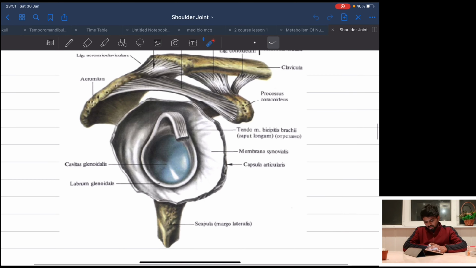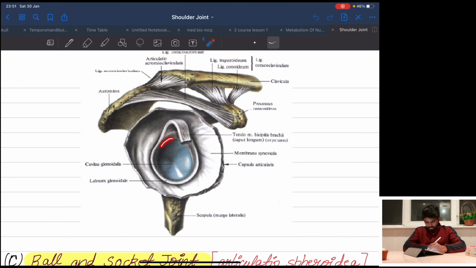Here you can see the glenoid cavity, where the head of the humerus joins. Around this cavity we have the labrum glenoidale, and from outside we have the articular capsule, the capsula articularis.